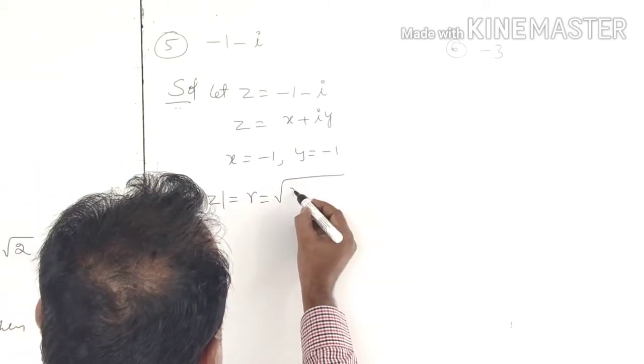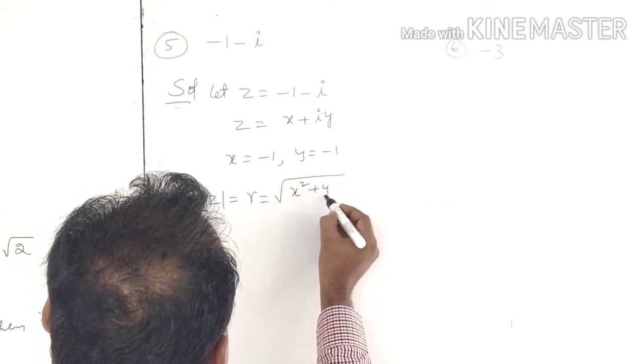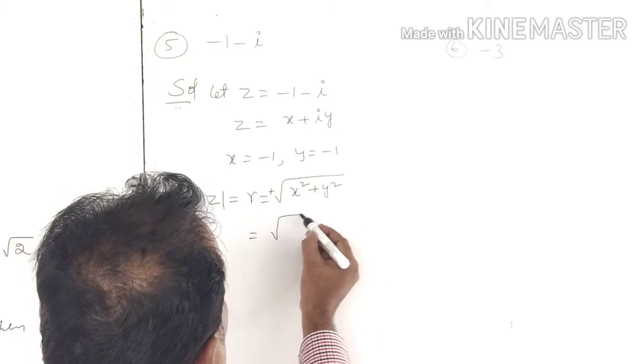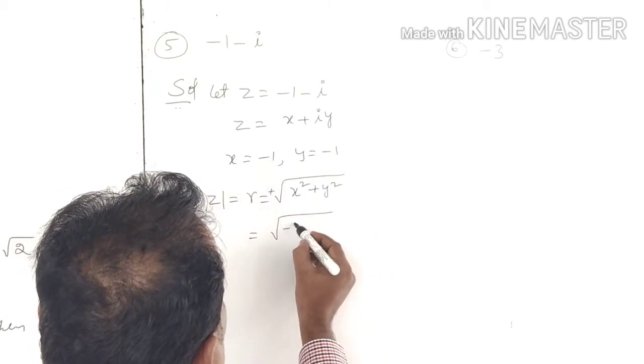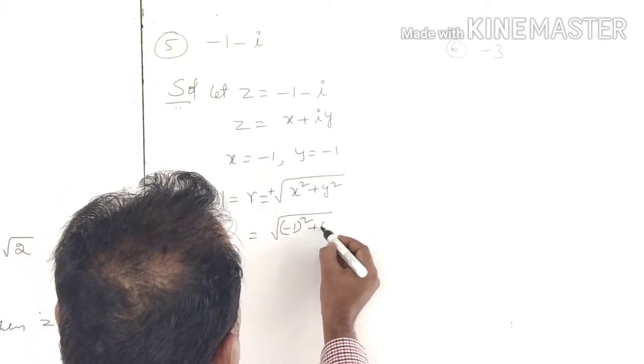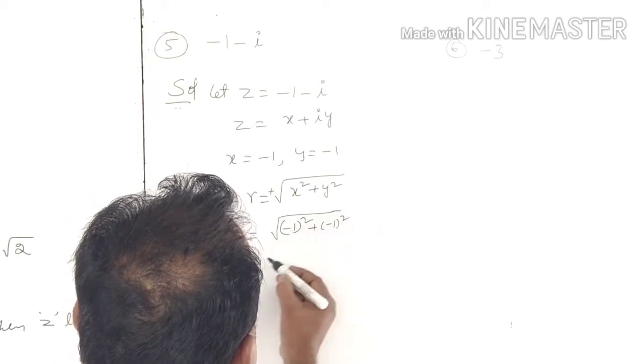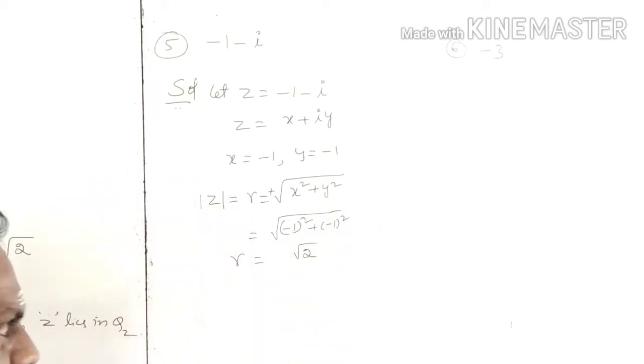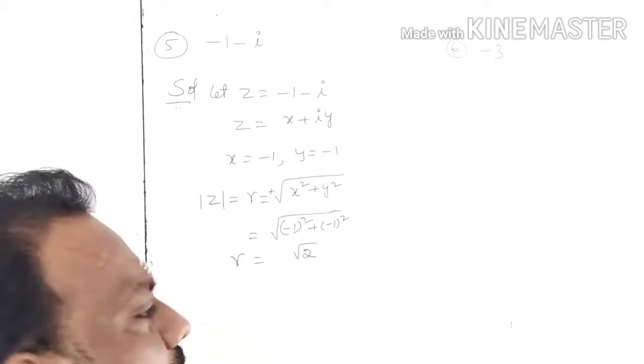Its formula is under root x square plus y square, positive value. So that is equal to under root x value minus 1 the whole square and y value also minus 1 the whole square, which is nothing but root 2. This is r value. Next we need to calculate theta. Theta is nothing but argument. Argument is depending upon quadrant.